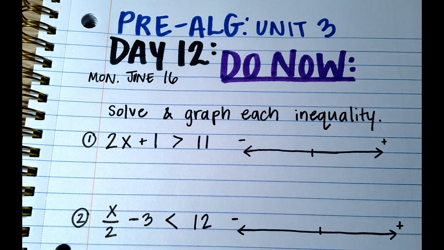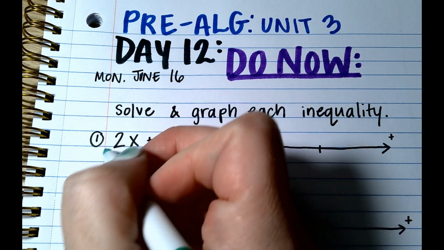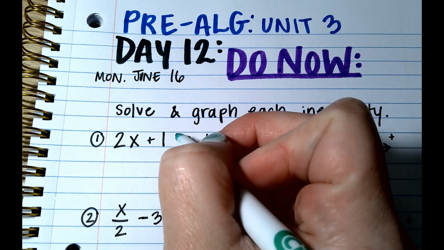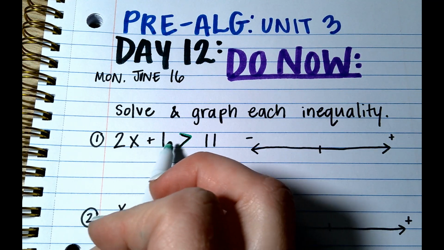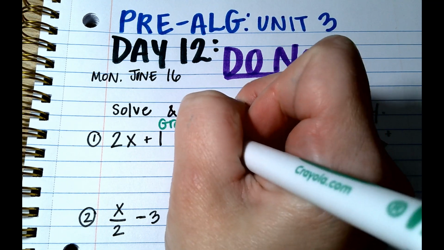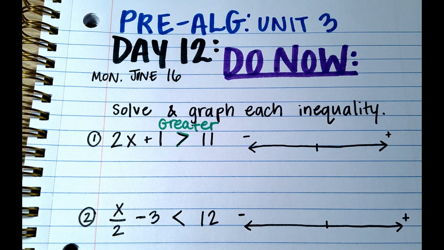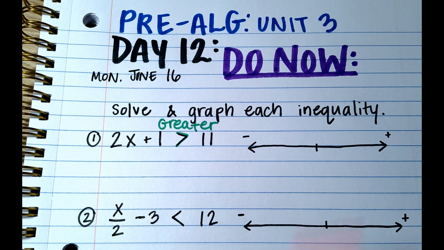That's okay. We read it from left to right. And as I move this way, I hit the big opening first. This is greater than. So I'll just make a little note of that. Greater than 11.